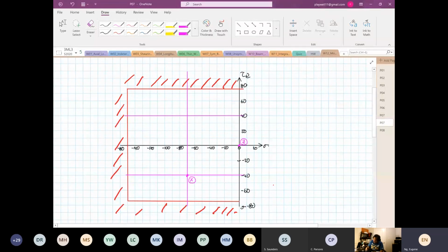So one of the possibilities is that on the XY plane, the circle will intersect our stress minimum. Okay, so now we draw one line, from here to here.